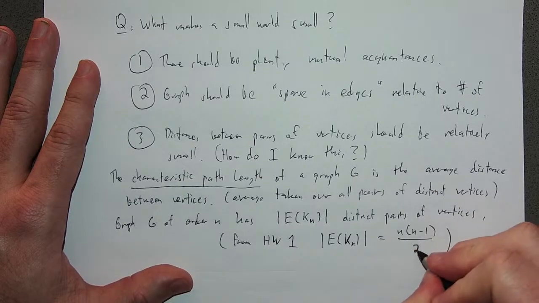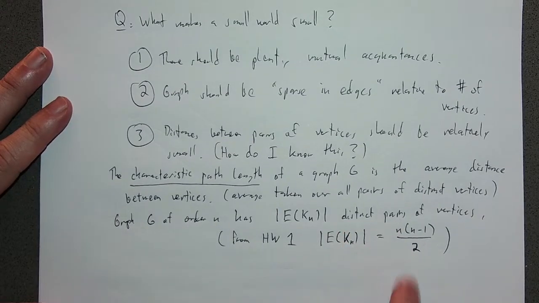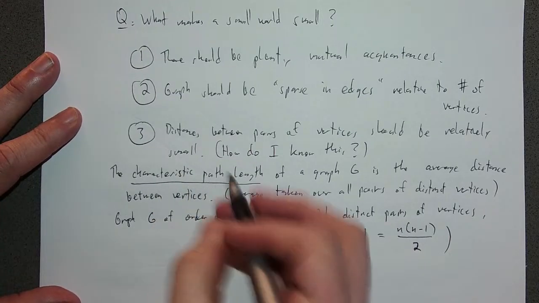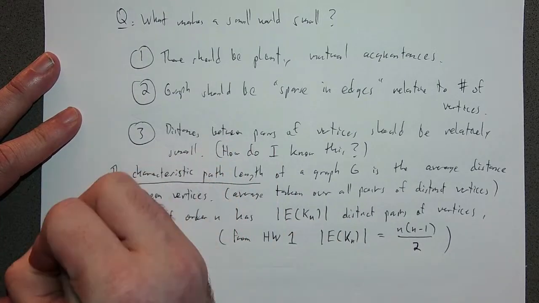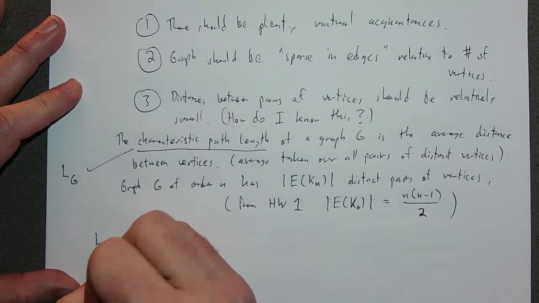Oh, I wonder where that comes from, right? So, because this is the number of distinct pairs of vertices, and this is what you're averaging over, your characteristic path length, we'll call that L sub g. That is defined as follows.